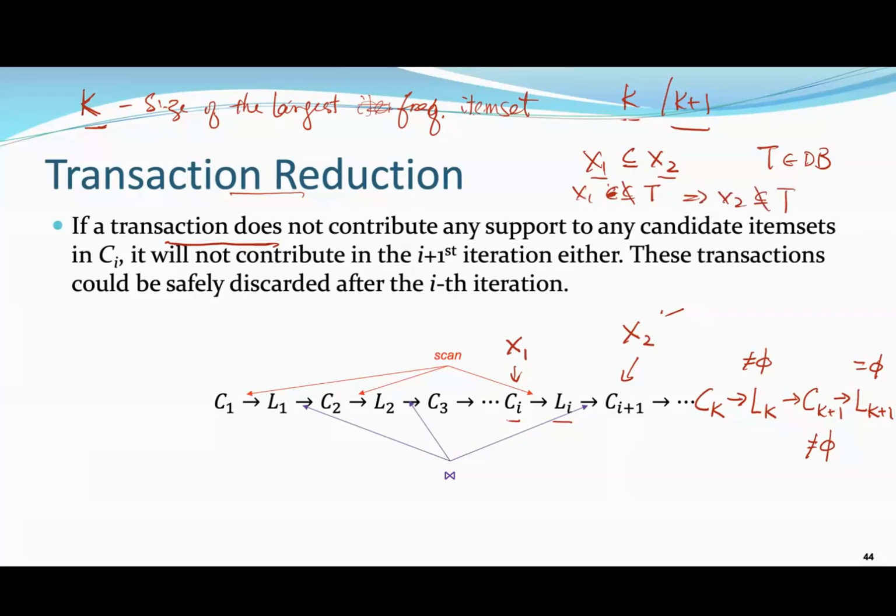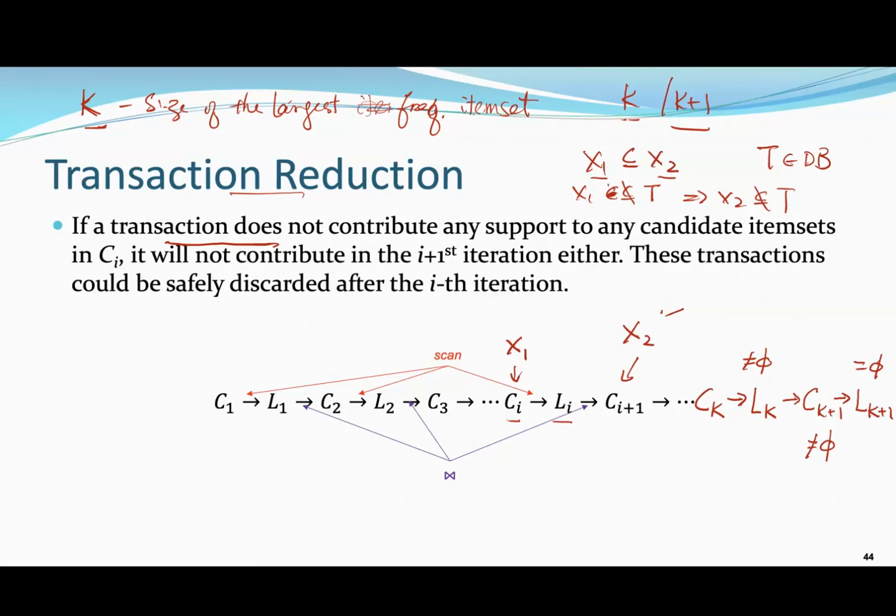So that means if a transaction in a database does not contribute to any support count of anything in C_i, then T cannot support any item set in C_{i+1} either. So it will not contribute any support count to the candidate item sets in C_{i+1} either. And so if, during the scan of the database, we find that a transaction T doesn't support any item set in C_i, that transaction could be safely discarded.